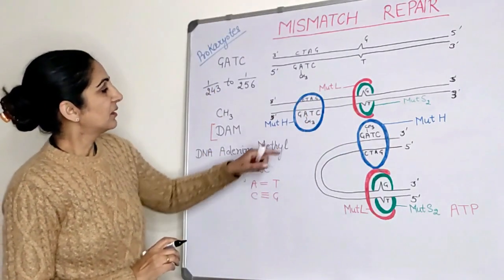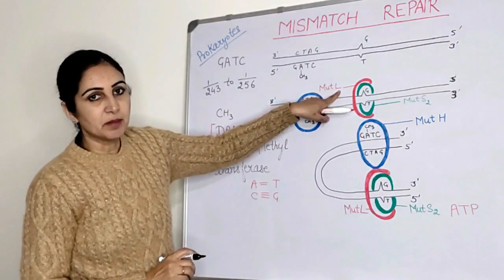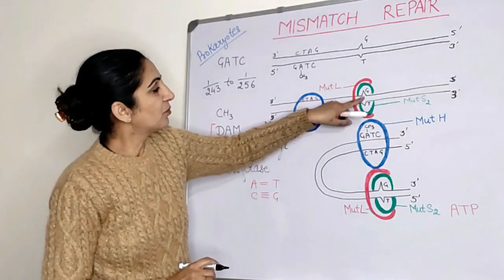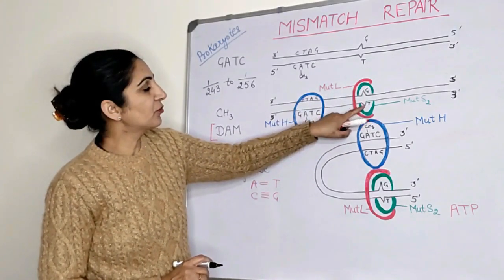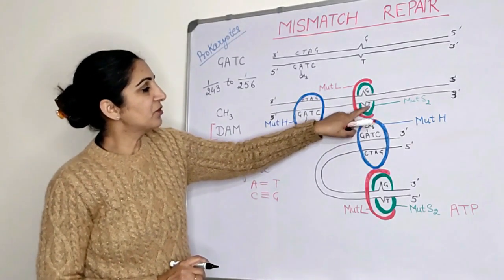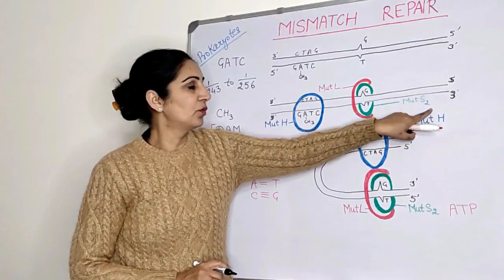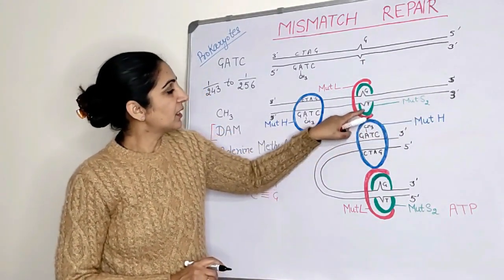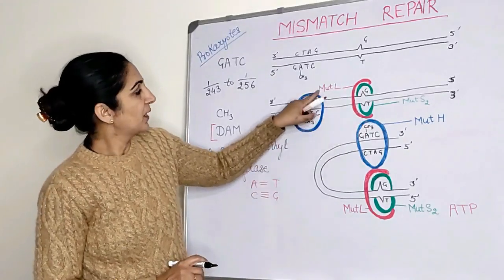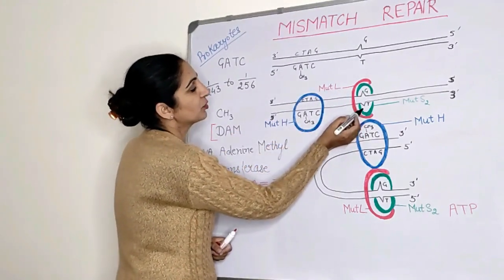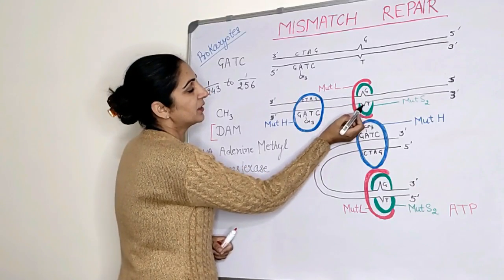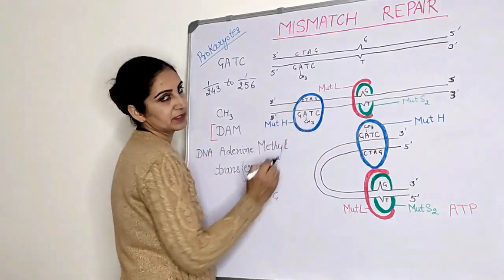After that, MutL protein comes and binds over this combination, that is the combination of the distorted segment with the MutS dimer. So this is our MutL protein. It comes and binds to this combination of distorted segment with MutS.